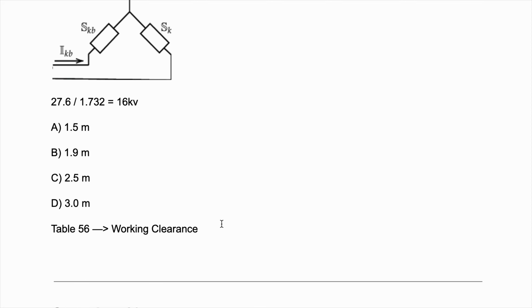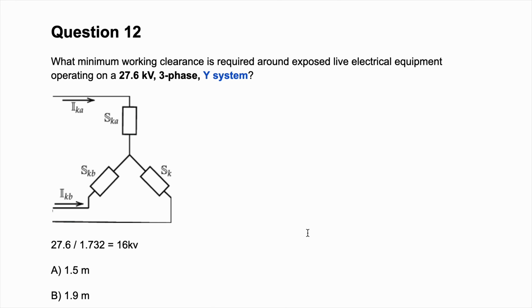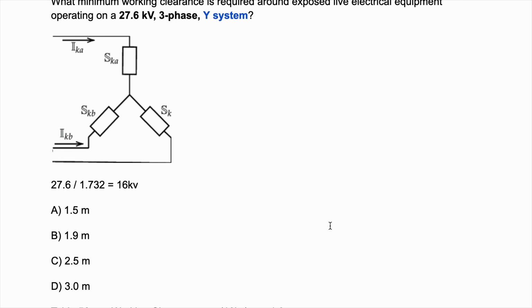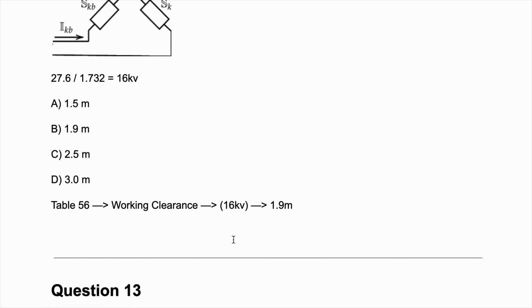So from this table, for 15 or 16 kilovolt, we get that 1.9 meter is enough. If we have more clearance space, it's good working clearance, but at least we need 1.9 meter working clearance.